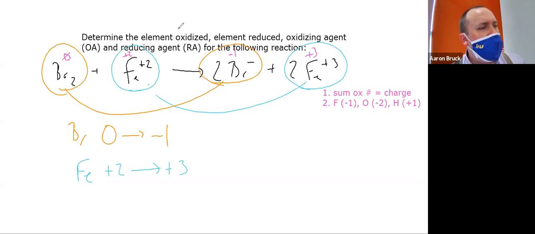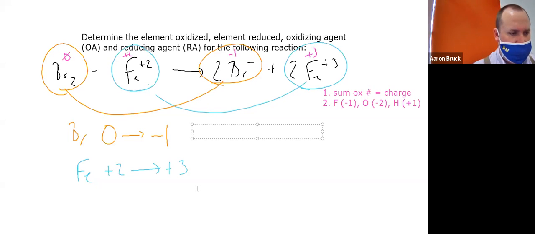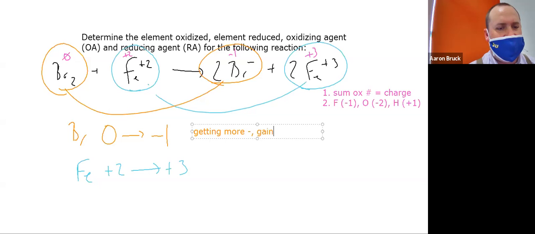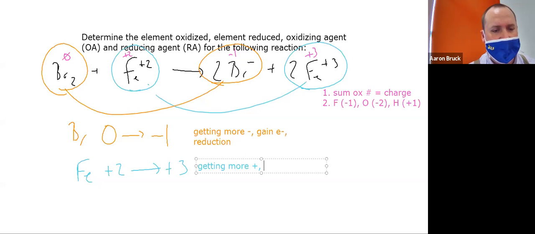Now, how would I identify each of those? Well, bromine is getting more negative, which means it is gaining electrons. That is reduction. The iron is getting more positive, which means it lost an electron.